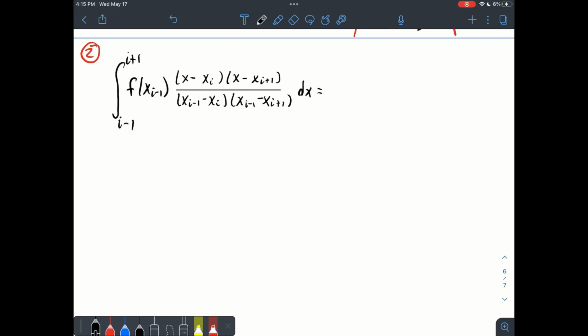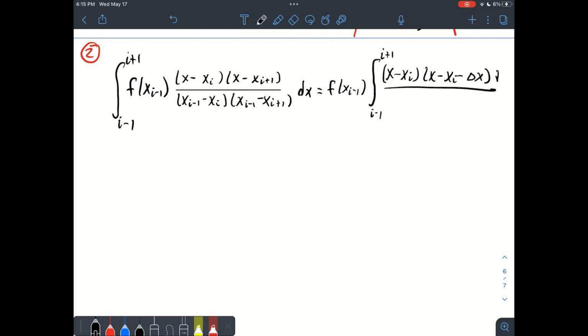So I have f of xi minus 1 times the integral, let me write that better, I minus 1, I plus 1. We have x minus xi, right, there's no delta x there. And then we have x minus xi, and then minus delta x.